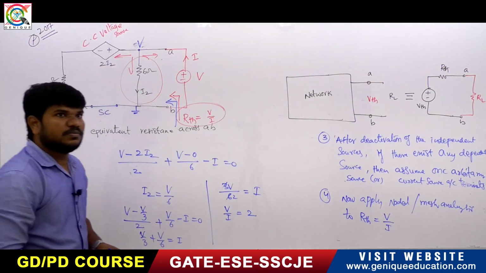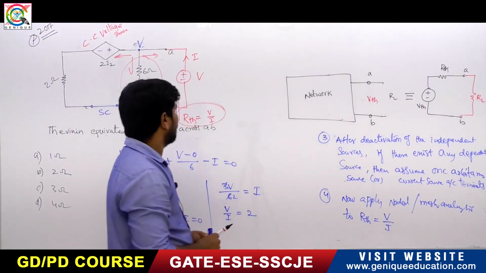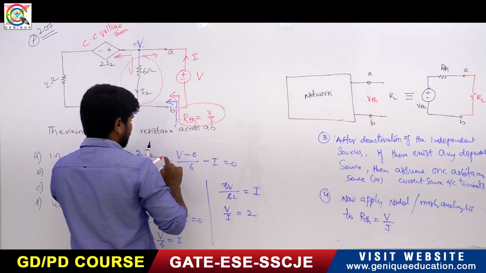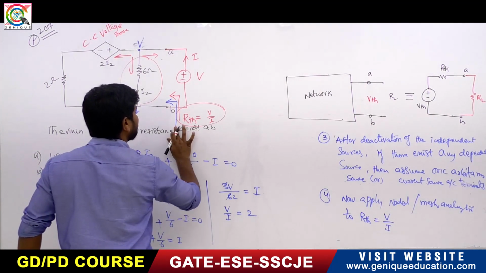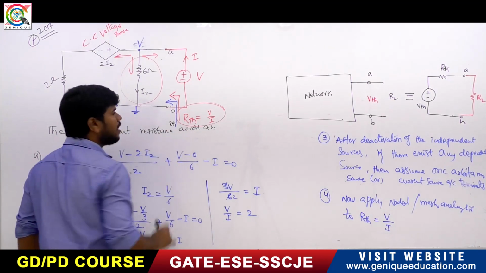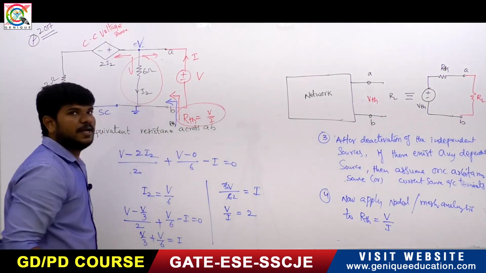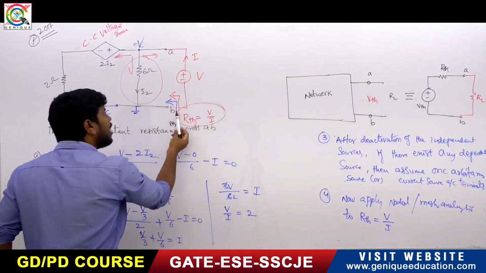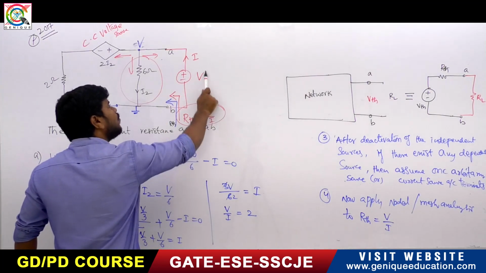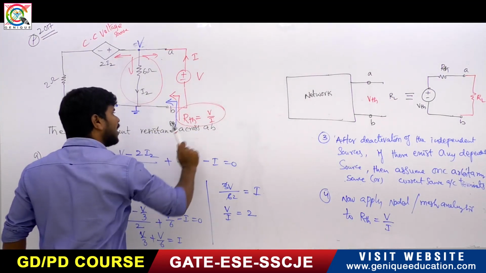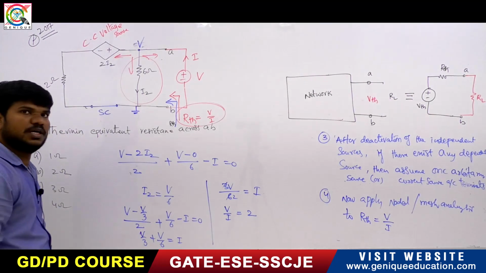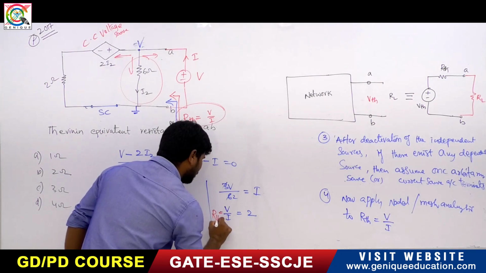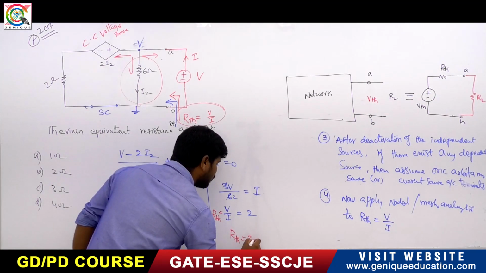R Thevenin means the equivalent resistance across these two terminals. To find it, I take the voltage and current, and voltage divided by current gives RTH. So RTH is equal to 2 ohms.